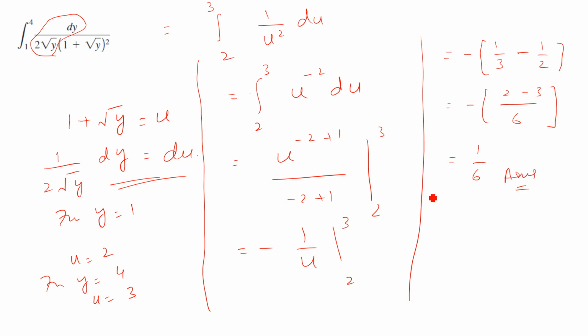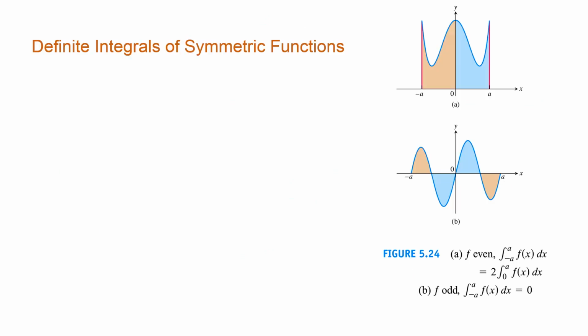Okay, if I haven't made any mistake in the calculation, then the answer is 1 over 6. And if you find some mistake in the calculation, pardon me and correct it yourself. This is your exercise.